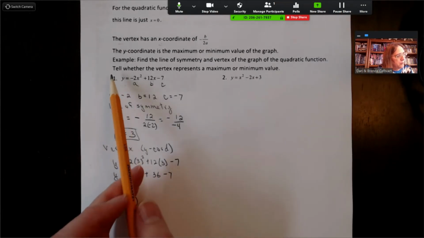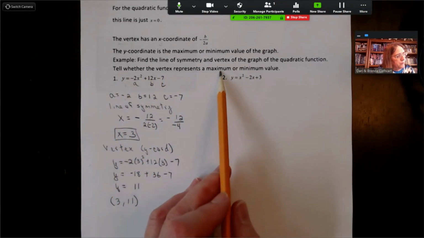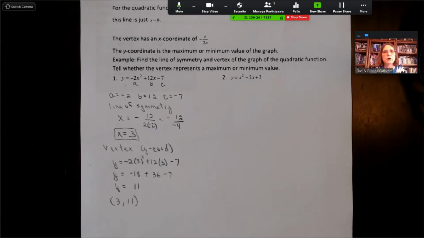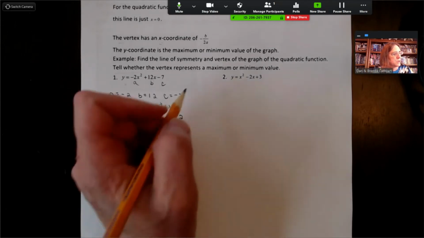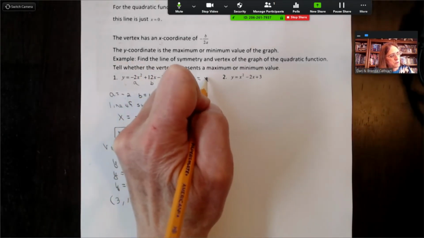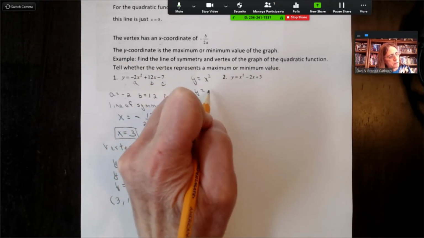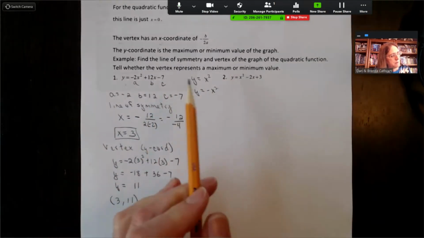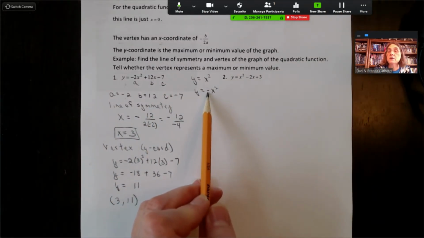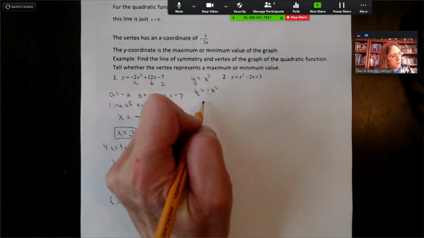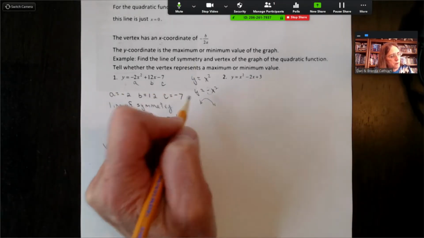Okay, now we also want to know if this vertex represents a maximum or a minimum value of the graph of this function. When we looked at basic graphs of parabolas, such as y equals x squared and y equals negative x squared, a graph with a negative leading coefficient is one that faces downward.